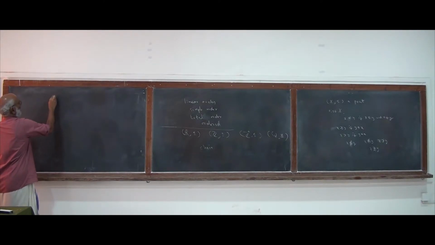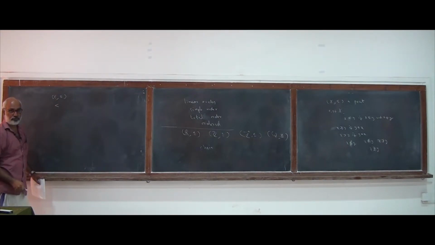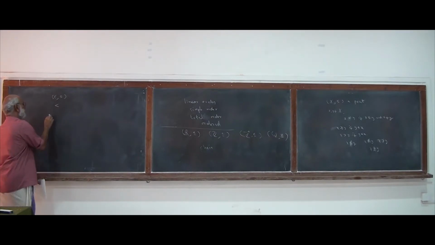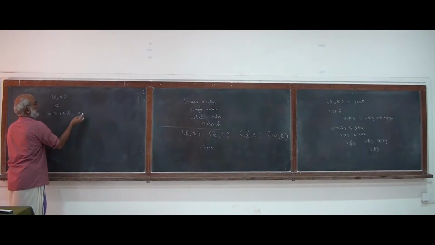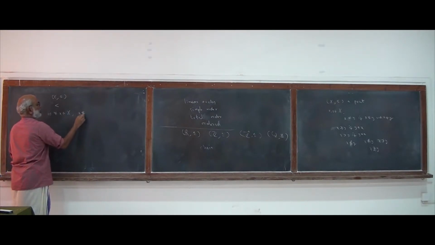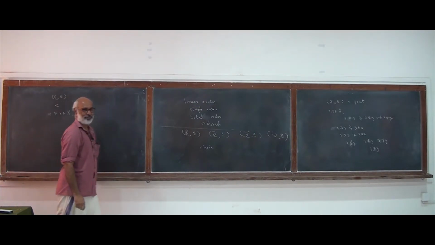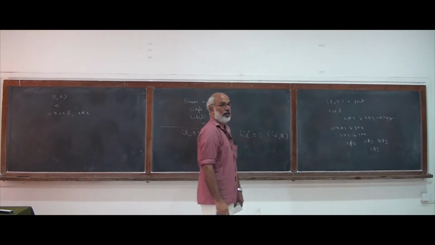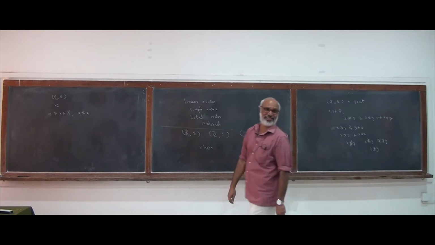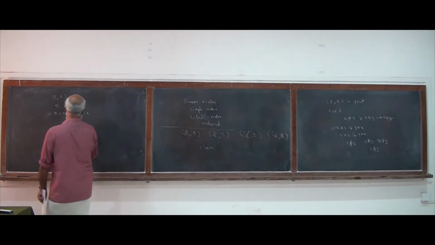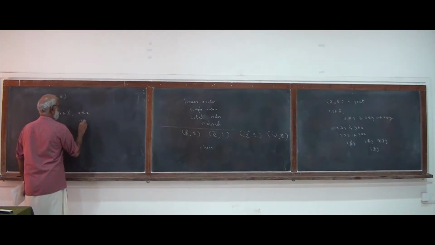Now, if you take a partially ordered set (X, ≤), and if you take the relation less than, this relation has certain properties. One property is that for every x element of X, x is not less than x. That is, no element is related to itself under this relation. This is usually called irreflexivity.